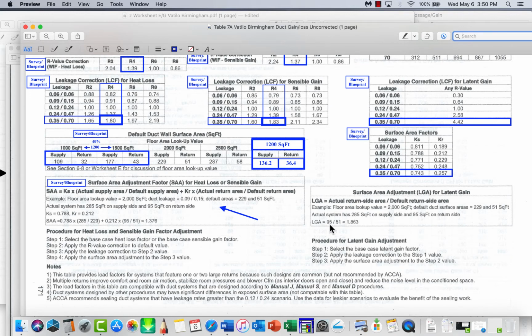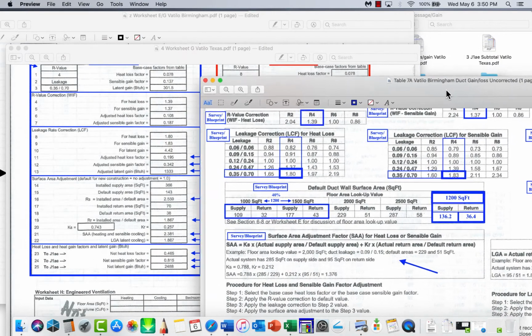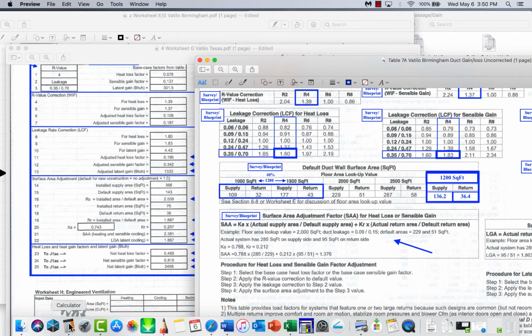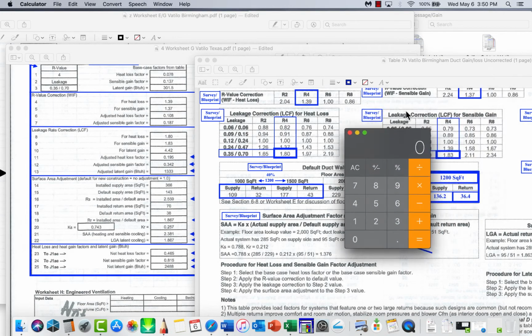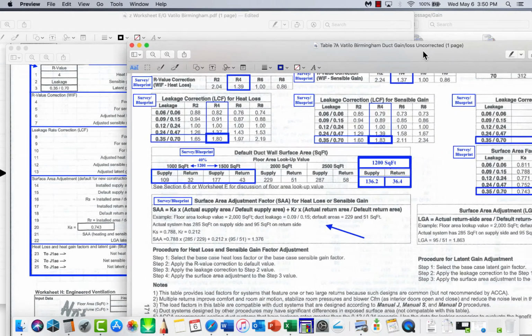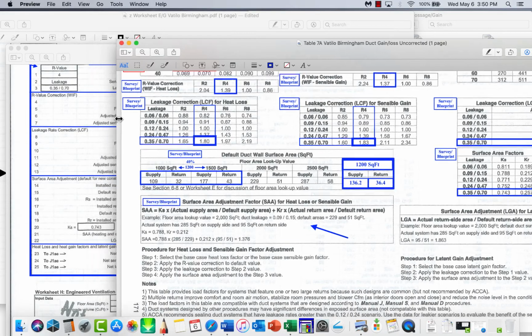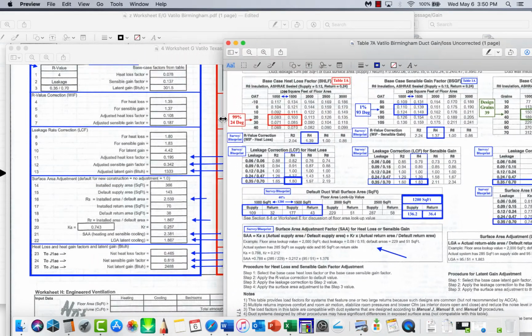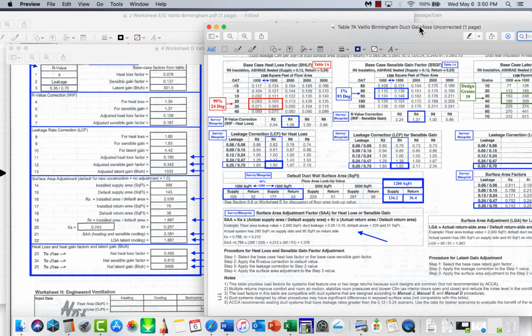LGA gain. So like I said, if you had 95 and 51, it's 8.63. Okay, so we'll look at their chart here, and we'll pull a calculator out just to make sure everything is what it says it is. Let's see if we can shrink that down a little bit. There we go. Get it in here where we can see everything on the screen together.